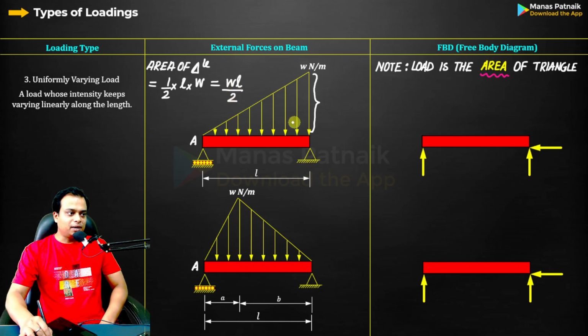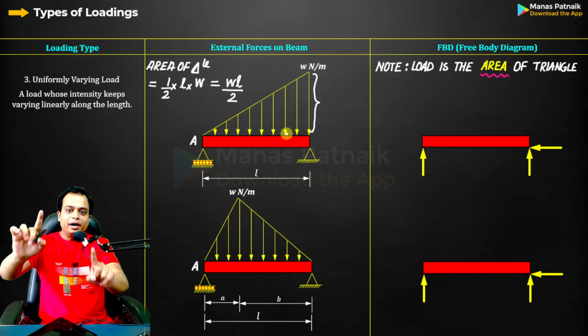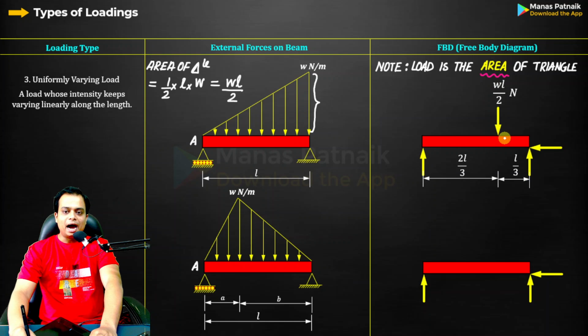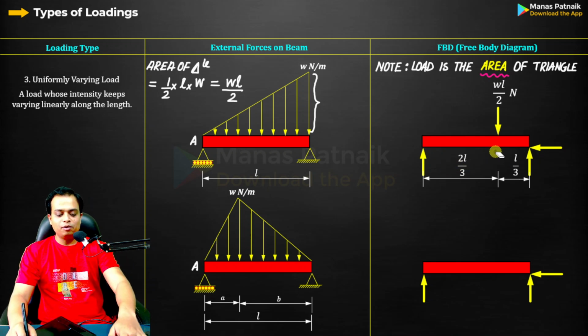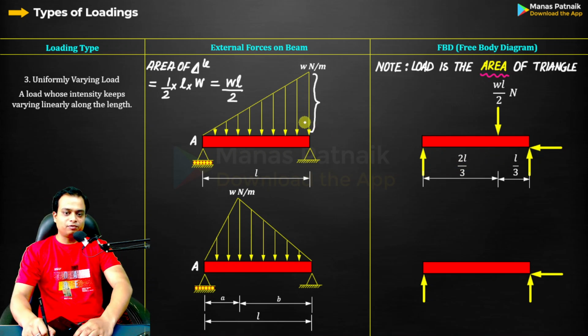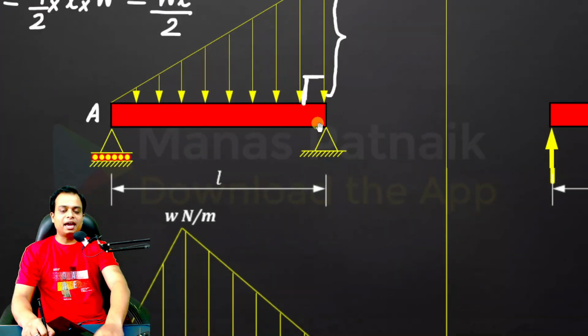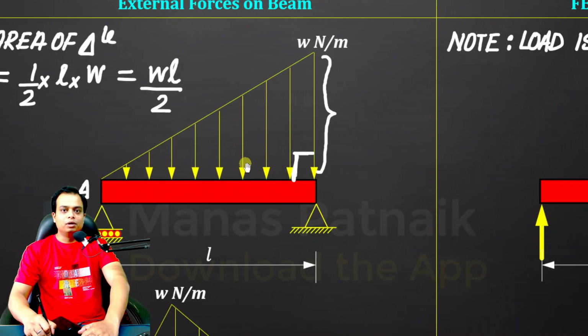We are going to replace this uniformly varying load by a single point load over here at a distance of L by 3 from the right and 2L by 3 from the left. The single most important hint I would like to give is that wherever you see this 90-degree angle, from that 90-degree angle the point load is going to act at L by 3.